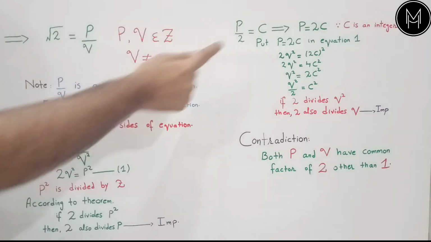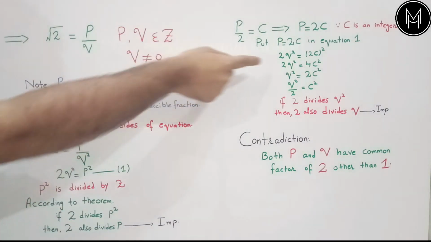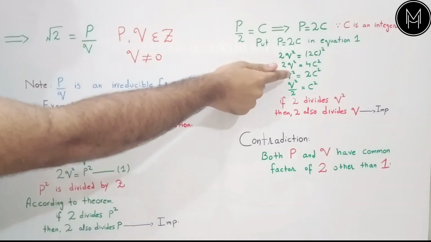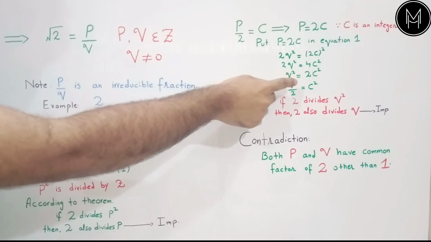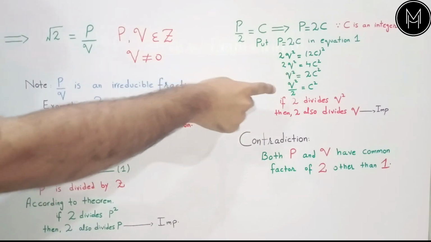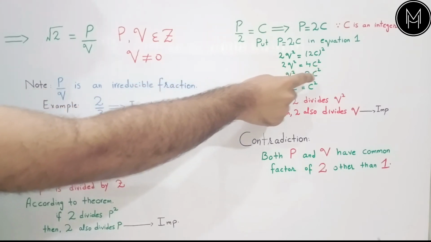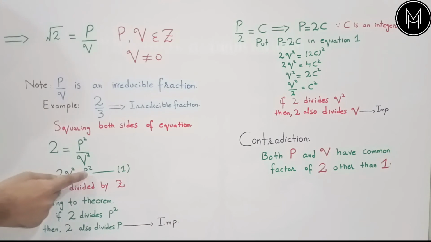After putting p is equal to 2c in this equation, we get 2q square is equal to 4c square. Now we want to cancel out this q along with q square, and for this purpose we divide both sides of the equation by 2, and after division we get q square is equal to 2c square. Now you can see that this expression q square is equal to 2c square is similar to the expression p square is equal to 2q square.